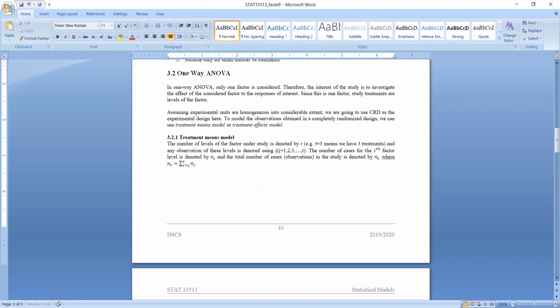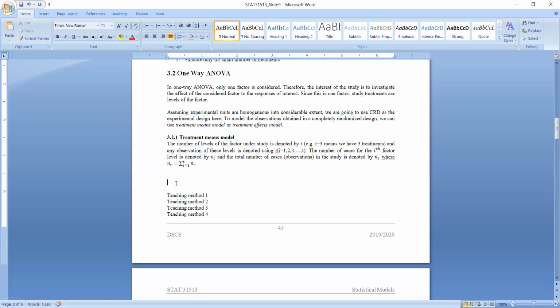For an example, in the teaching method example, you have teaching method 1, teaching method 2, teaching method 3, and teaching method 4.